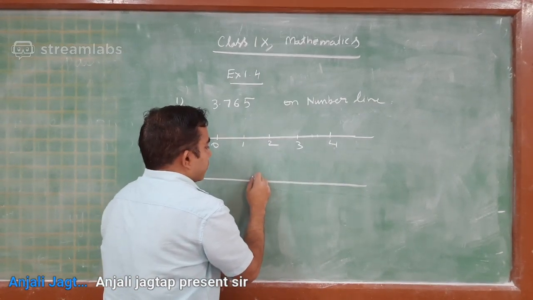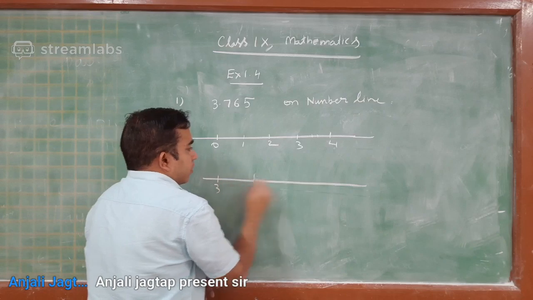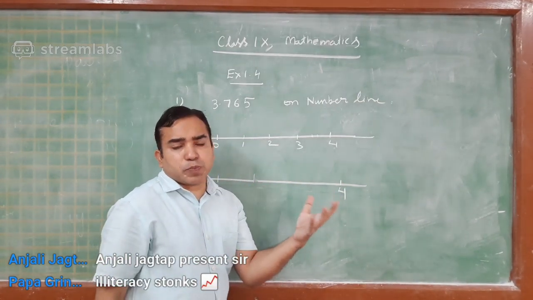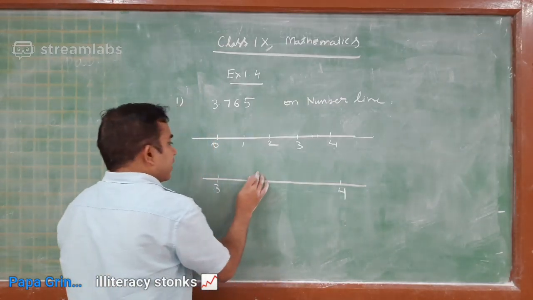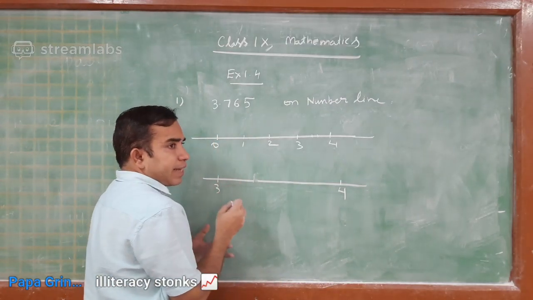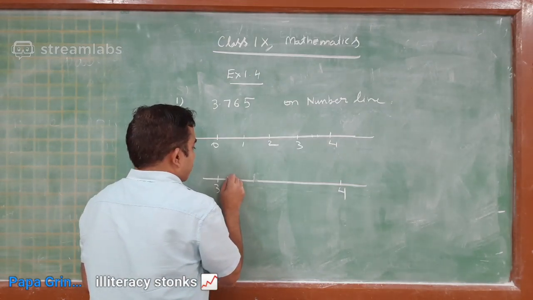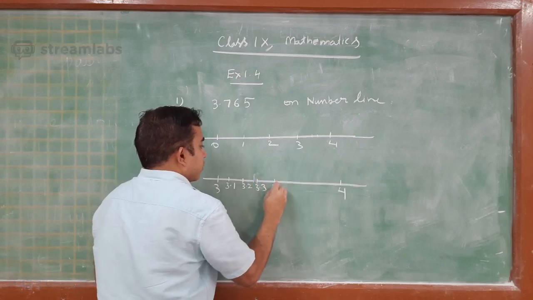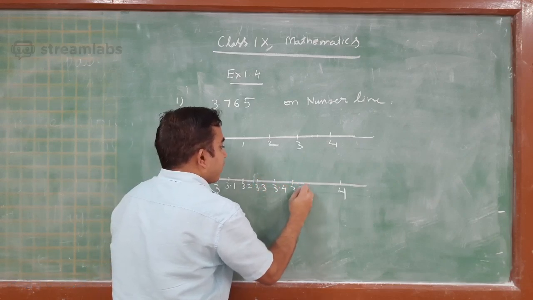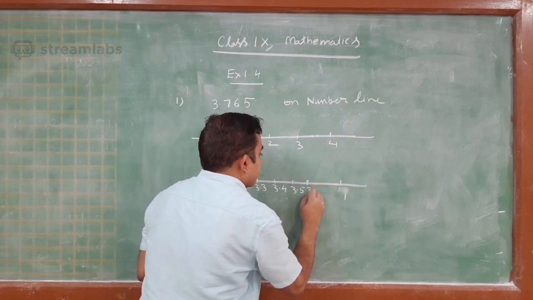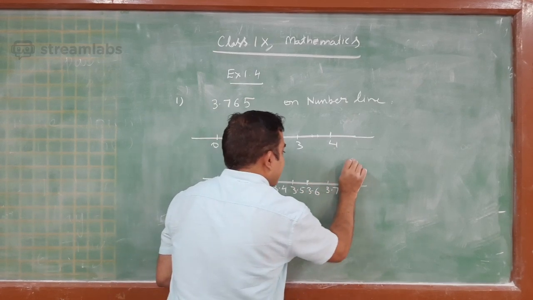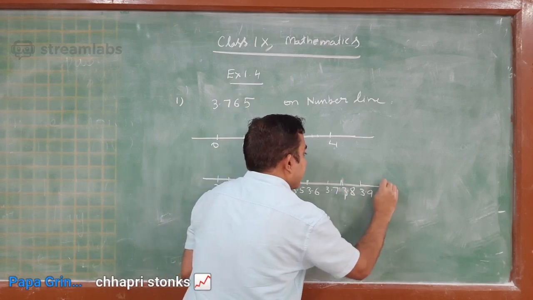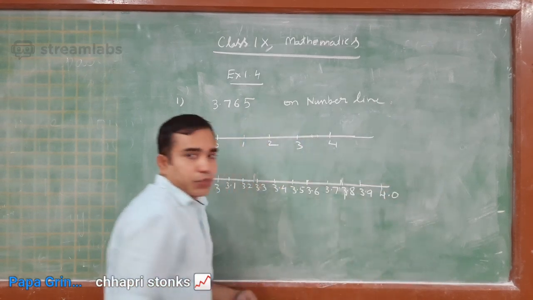I am going to write only 3 and 4, and now divide this space between 3 and 4 into 10 equal parts. So 3 should be seen as 3.0. The next numbers will be 3.1, 3.2, 3.3, 3.4, 3.5, 3.6, 3.7, 3.8, 3.9 and 4.0.